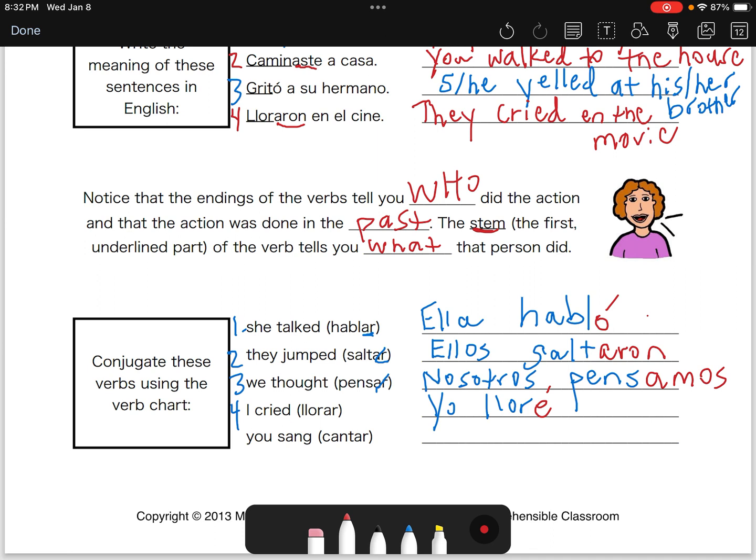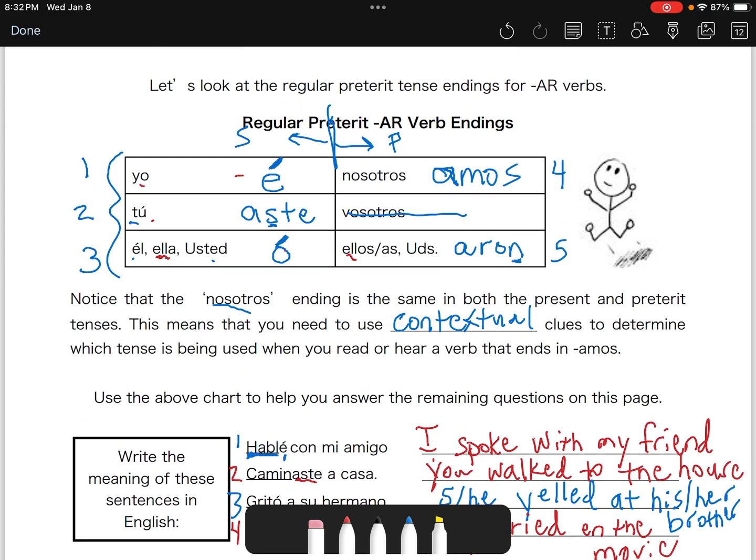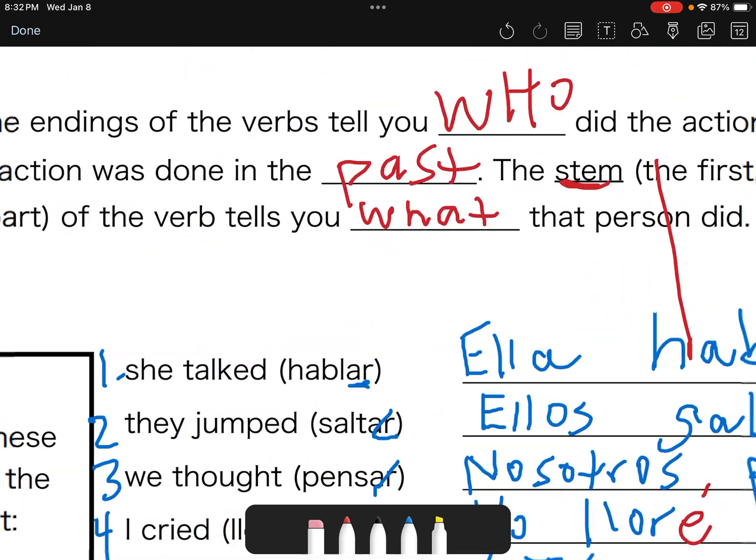You sang. Let's say that's you informal. So tú sang. Cant. That's sing. Now who sang and when it was done? Tú is aste. Come down here to cantaste.